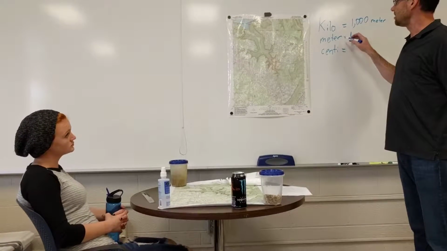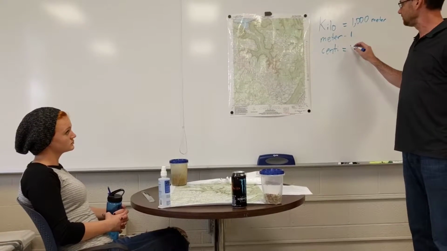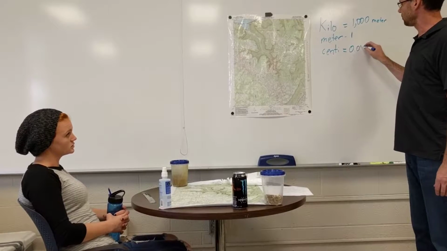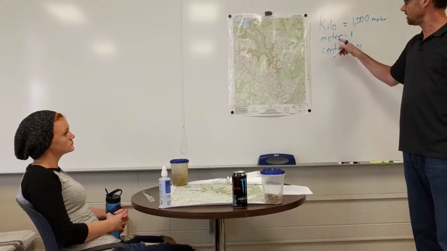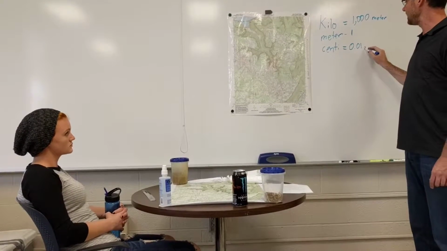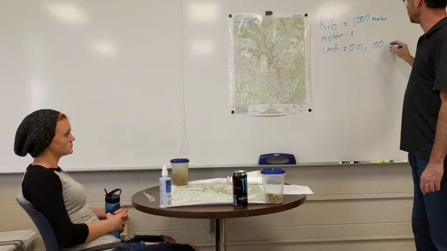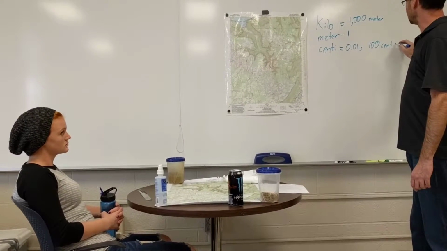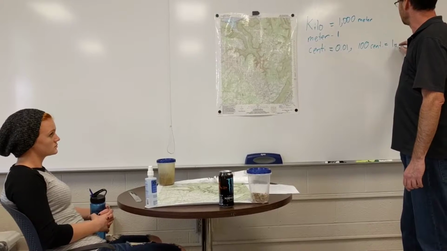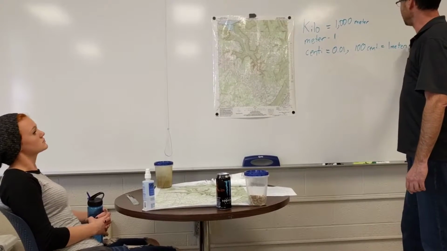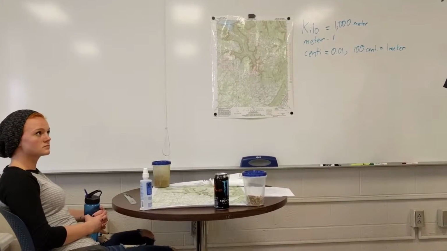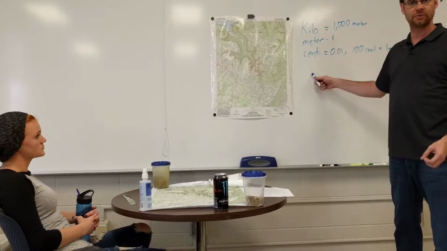So how many meters are in a centimeter? 0.01, so there's 1/100th of a meter in a centimeter, and that means that there are 100 centimeters in 1 meter. Now, I did a little conversion trick in the last film that showed how to go from kilometers to centimeters. And it's a very useful thing to know.